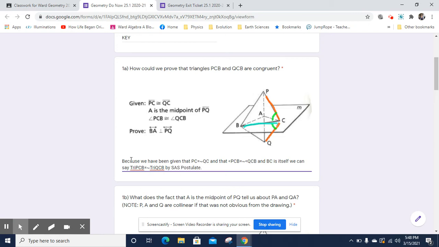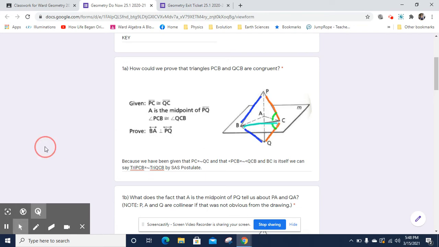And that's going to give us some useful stuff. For example, it's going to tell us that PB and QB are congruent as well. So we'll be able to say PB and QB are congruent, and that's going to help us with these triangles over here. All right, so let's keep going.